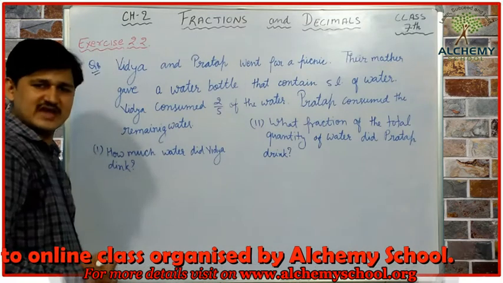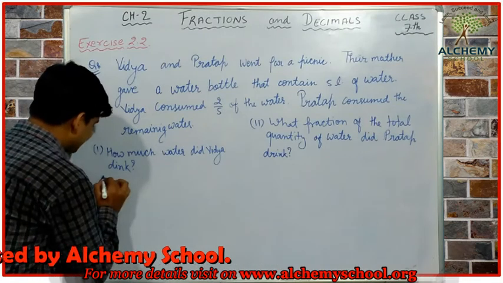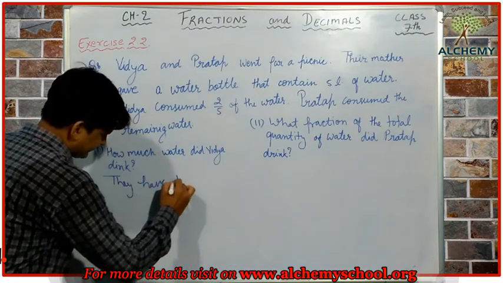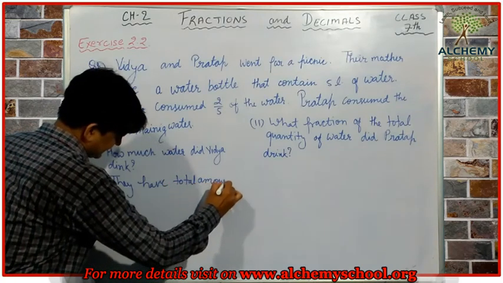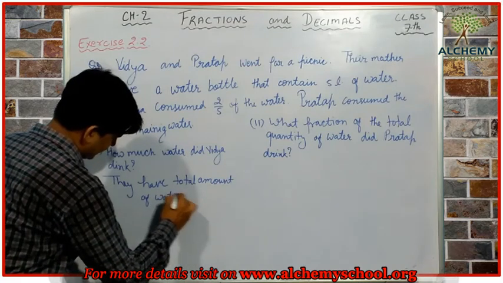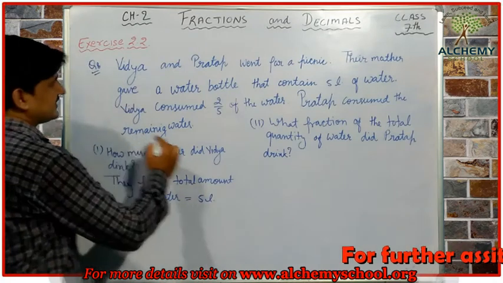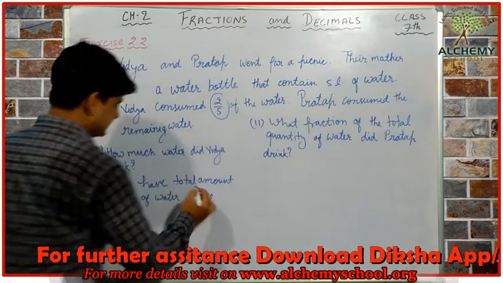So, first of all, we have to write the total amount of water they have. So, we can write here, they have total amount of water equal to 5 liters, and Vidya consumed 2 upon 5 of the total amount.